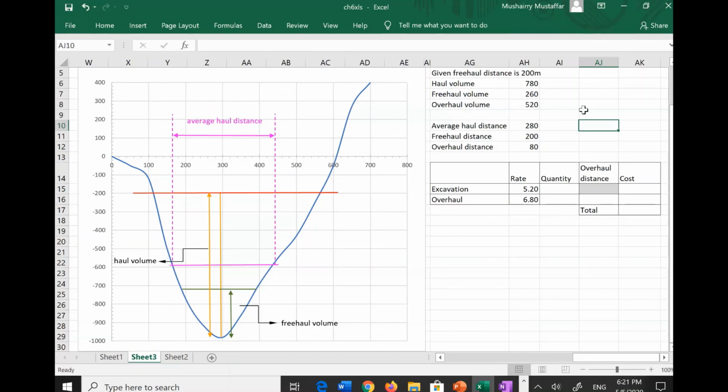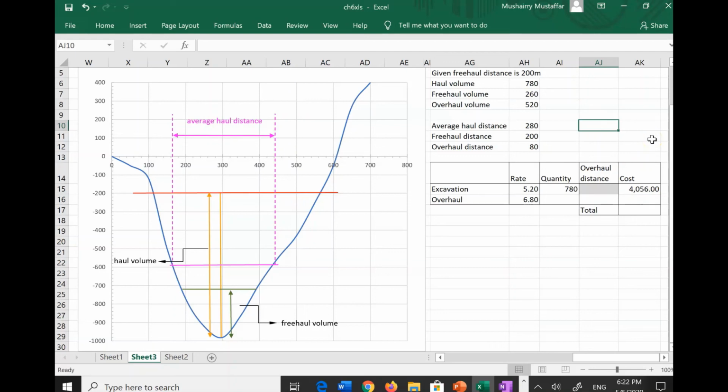So we now have all the necessary variables for us to complete the estimate. Now let's do excavation. Whatever we excavate, 780 meter cube, will need to be paid for. So it will cost us 520 per meter cube. So we're going to write 780. That gives us a total of 4,056.